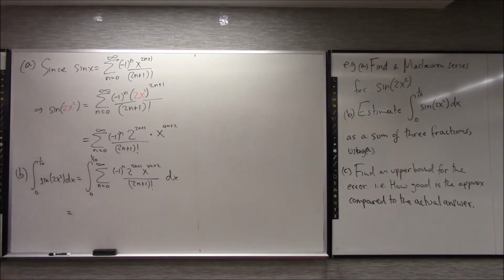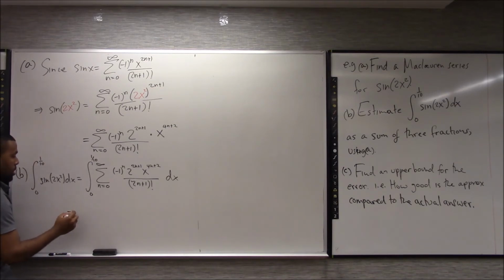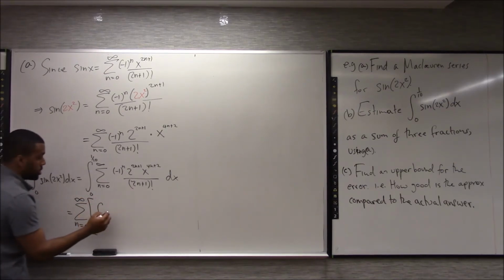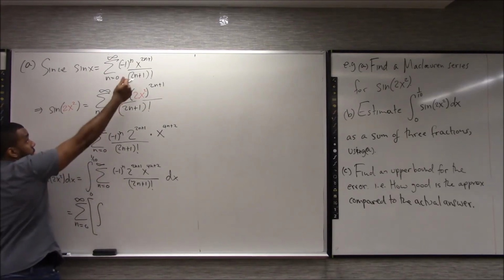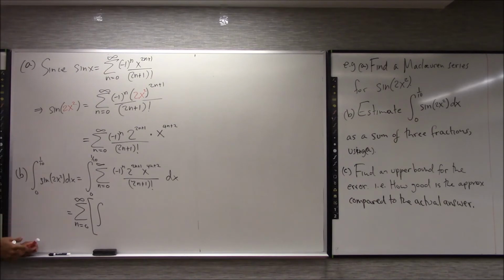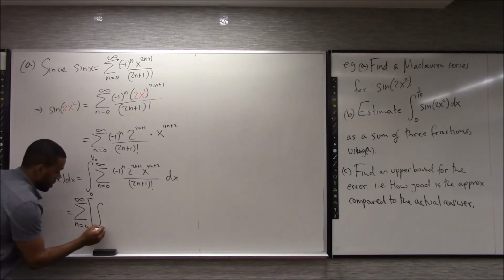Which is going to be, well, that's just going to be the series of the integral because we have absolute convergence here. And you can actually test that. This is similar to x over a factorial, so you can expect that it's going to converge everywhere.